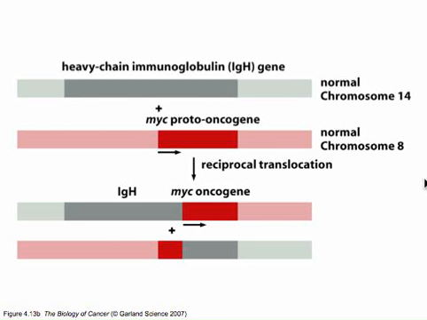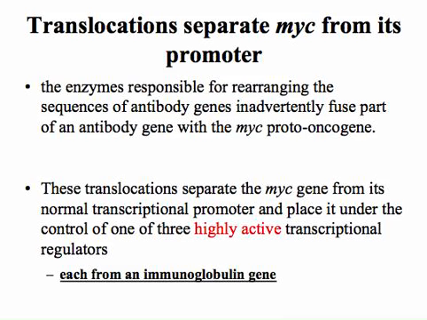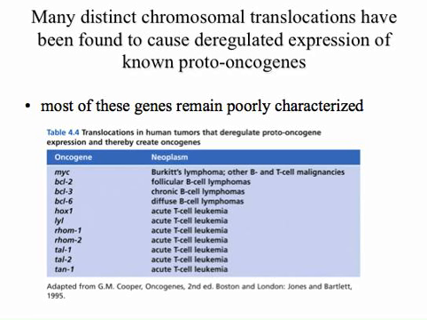So effectively, the coding sequence from the MYC protein was being switched to be downstream of an active promoter, giving rise to higher than normal levels of the oncogene, and therefore making it grow faster. So effectively, this wasn't a mutation in the coding sequence, it was switching the promoter of that gene to make that gene more active through translocation of the chromosomes.